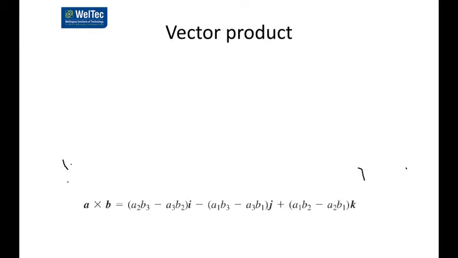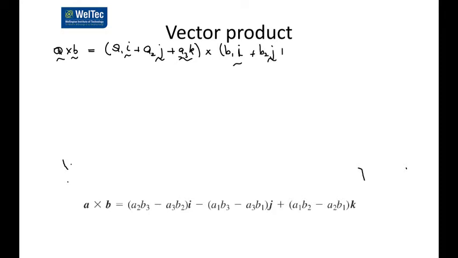Right, let's start off with A cross B, and let's write out A, and that's going to be crossed with B. Okay, so we've got the vectors there, and now we can do A1 i cross product with multiplied by all the rest.